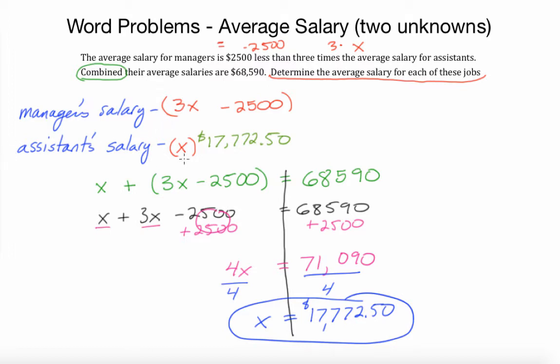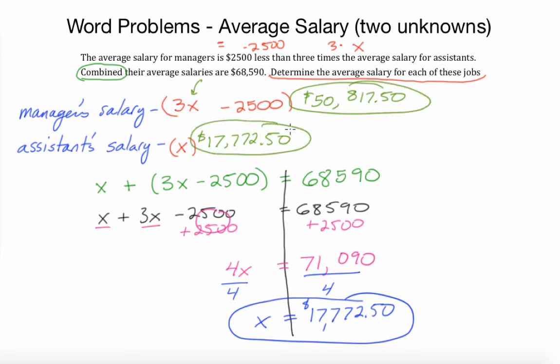So I'm going to put $17,772.50 in for this x, multiply it by 3, subtract 2,500, and I get $50,817.50 for the manager. So there we go. The assistant makes $17,772.50.